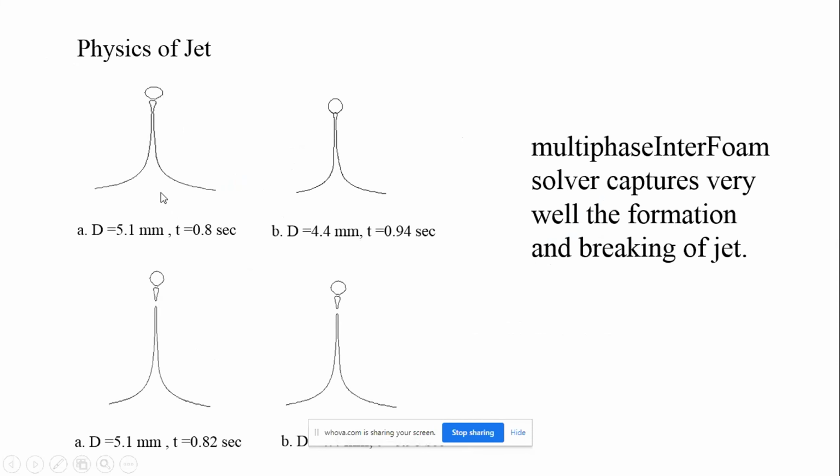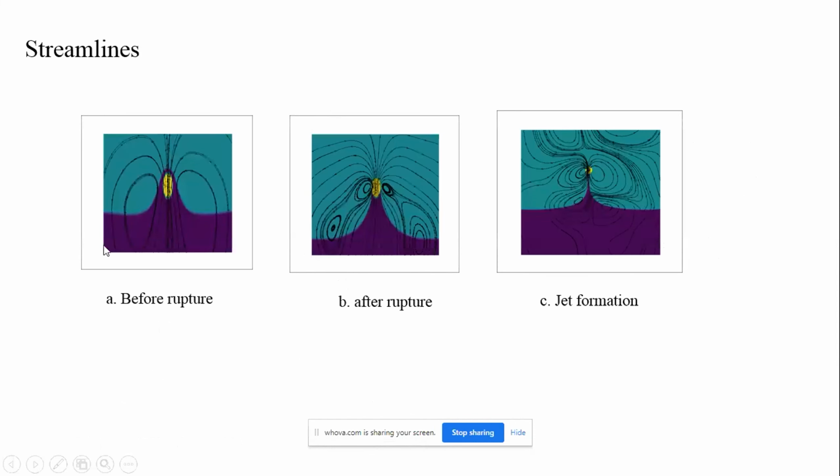Here you can see the jet formation and the breaking of the jet. For the higher diameter bubble, the jet is higher as compared to the lower diameter, and the breaking time of the jet is lower for the higher diameter bubble.